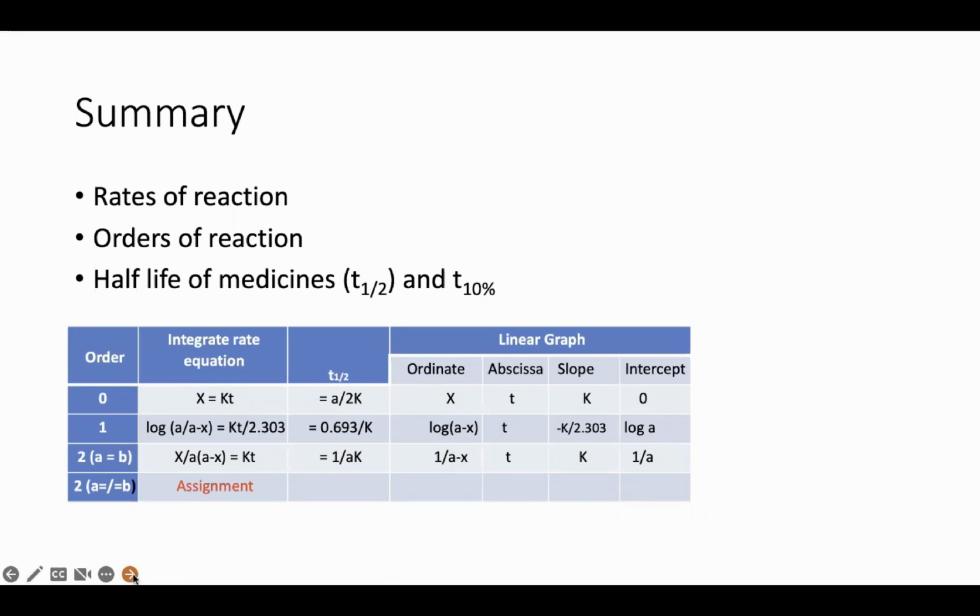I also mentioned that third order reactions and other higher orders are possible, but they're very rare in the literature or not as represented in the literature. Now, some of the things I want you to look at are summarized here. At zero order reactions, this was our integrated rate equation, our T-half, and of course, from the linear graph, these are the data that you can gather from zero order reactions, first order reaction, second order reaction, where the concentration of A is equal to B, or where the concentration of A is not equal to B.